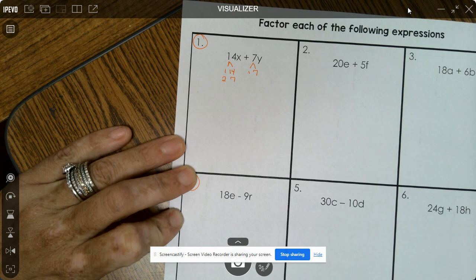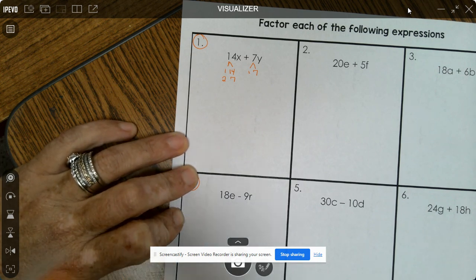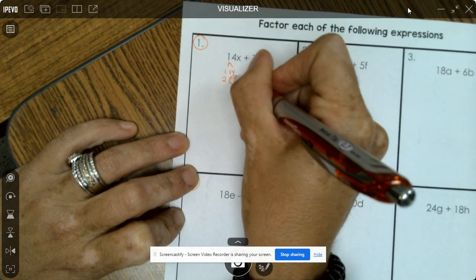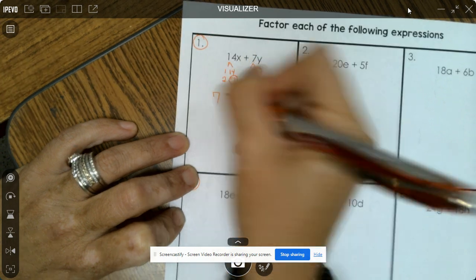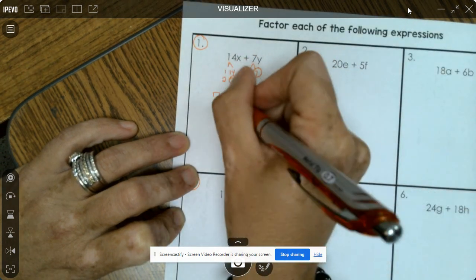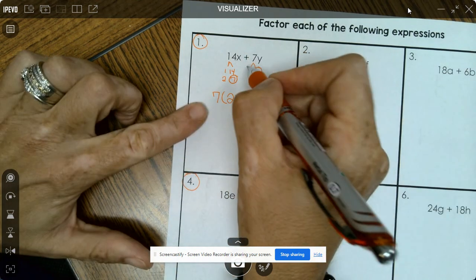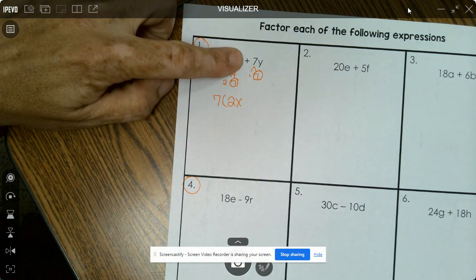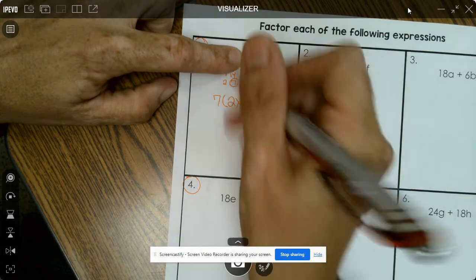Let's just do number 1 together. What is the greatest common factor? 7. Yep, I got 7 here. So I'm going to pull out my 7. 14x divided by 7 is what? 2x. Positive 7y divided by 7 is what? 1y.